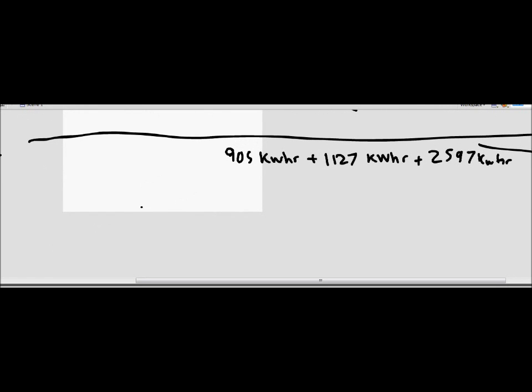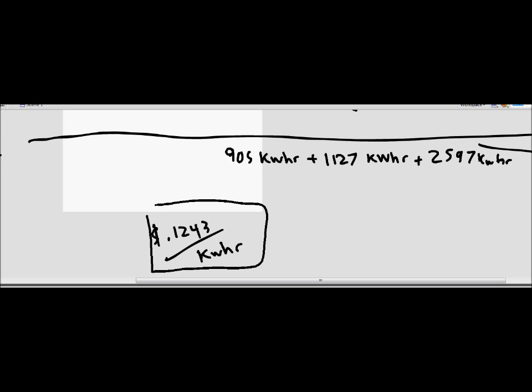The final answer you should get is $0.1243 per kilowatt hour. Alright, so that's a very simple introduction to this problem bank, which actually becomes a little complex.